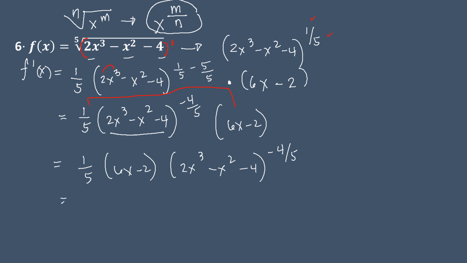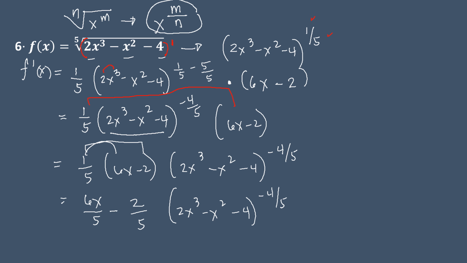So this will be 1 times 6x will be 6x over 5. And then 1 times negative 2 is negative 2 over 5. And then times 2x cubed minus x squared minus 4 to the negative 4/5.